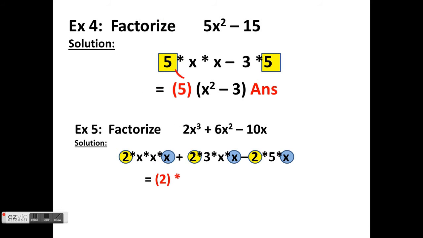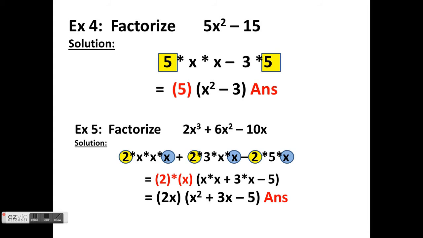Bracket 2, bracket x, and the remaining. Now we will multiply: 2x first factor, in the second bracket x square plus 3x minus 5. Again in the second factor you search for any common, no common. So we will go to the next example.